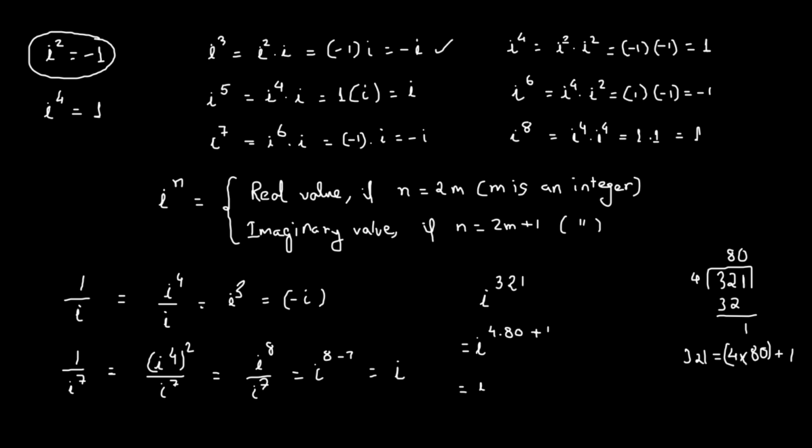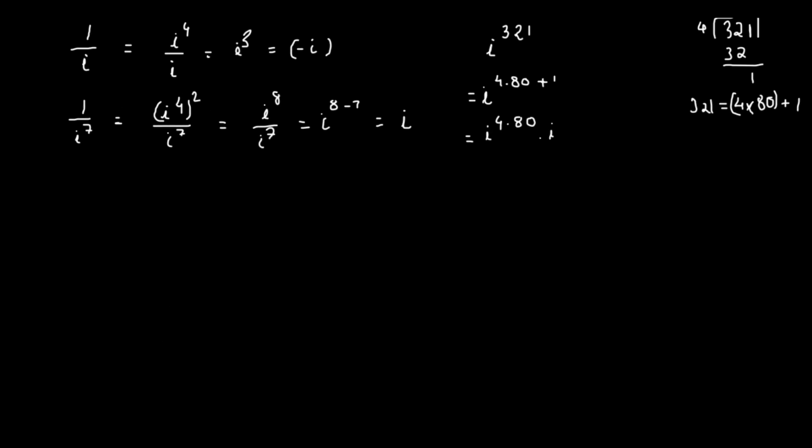So this can also be written as i raised to the power 4 times 80 times i, and (i raised to the power 4) whole raised to the power of 80 times i.